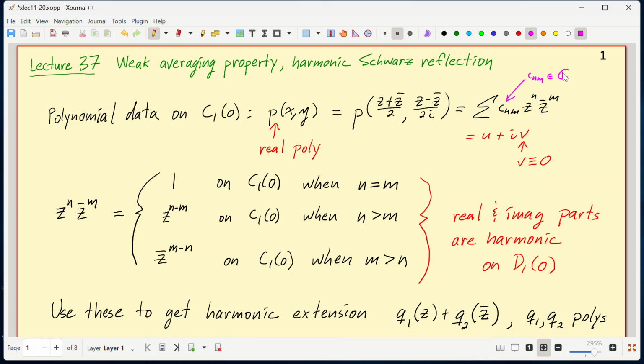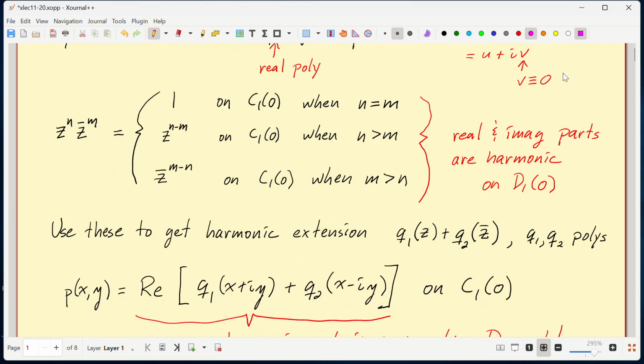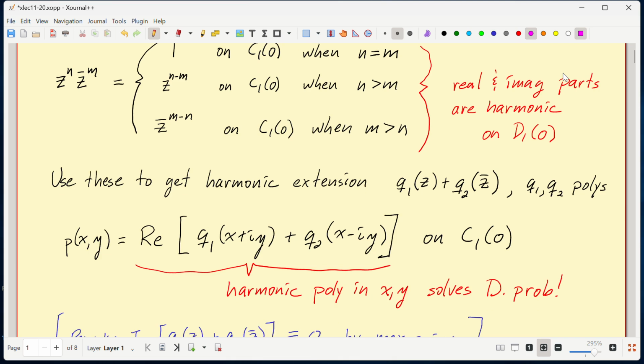But when I think about the real part of that polynomial and write it like that, it agrees with my data on the boundary. But that thing on the right is a harmonic function. And it's a polynomial in x and y. So I get a harmonic polynomial that solves the Dirichlet problem that way. Of course, it's very special to the disk.